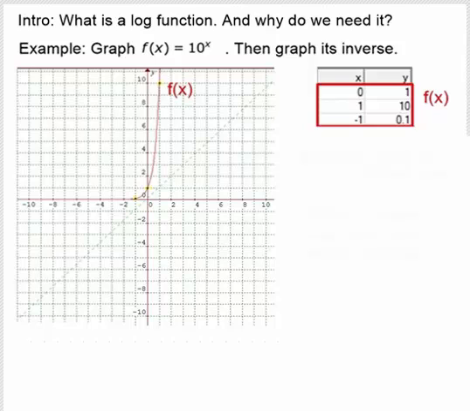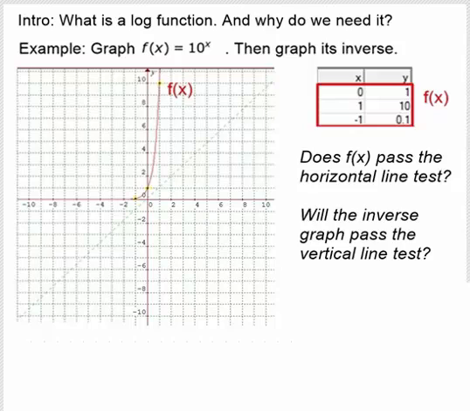Now we ask the question, does this have an inverse? Well, if you notice, I have the line y equal x plotted here in a green dashed line. The inverse will be a graph that's a mirror image across this line. Is the inverse graph, if there is one, a function?